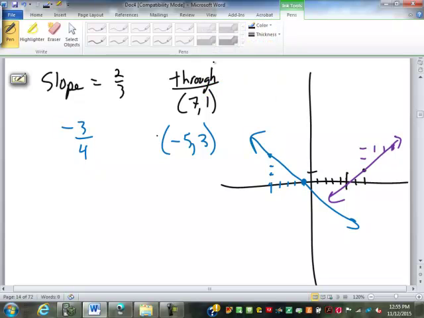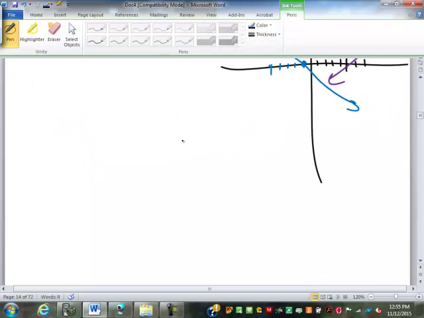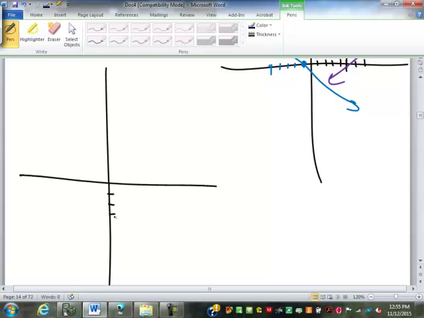What's trickier, though, is taking a line from the graph and writing its equation. There are two pieces of information we need from this. One, the easy one to find, is the y-intercept. It is -3.